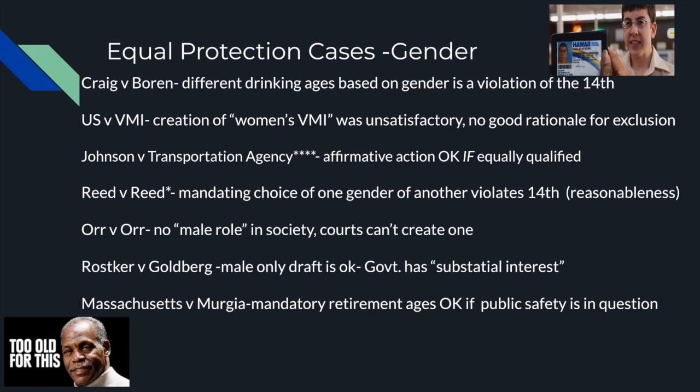They are not as fast. And thus, that causes an issue of public safety. And if public safety is in question, you can mandate retirement. So, Mr. Murgia, we're sorry, but we are going to retain that retirement age at 50. And thus, that's okay.